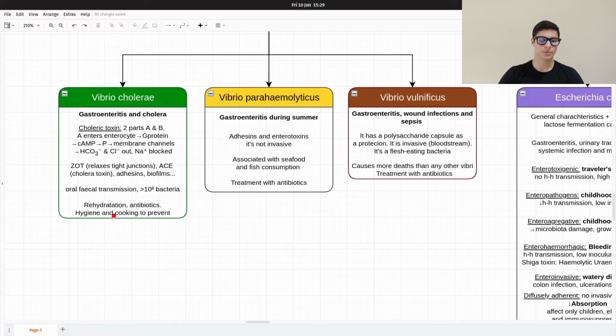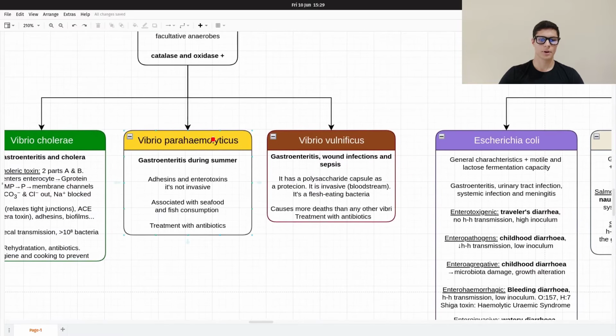The prophylaxis, if we can say that, is rehydration, antibiotics, hygiene, and cooking to prevent Vibrio, mainly in seafood. Vibrio parahemolyticus causes gastroenteritis during the summer because it likes warm water.